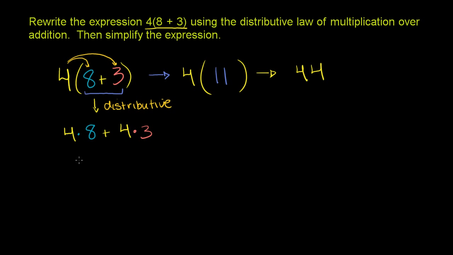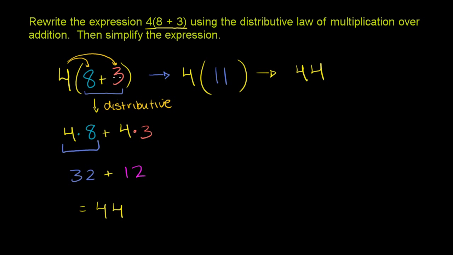And then when you evaluate it, 4 times 8 is 32. And then we have 32 plus 4 times 3. 4 times 3 is 12. And 32 plus 12 is equal to 44. That is also equal to 44. So you can get it either way. But when they want us to use the distributive law, you distribute the 4 first.